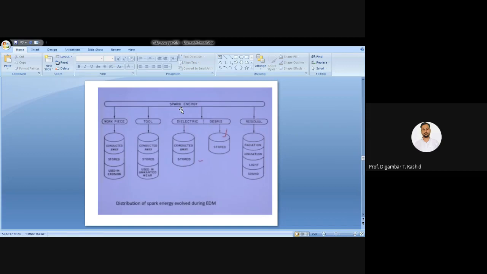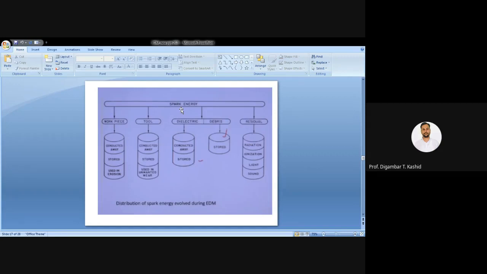Some amount of heat goes towards the workpiece, is conducted away, and may be stored inside the capacitor and used in the erosion process.